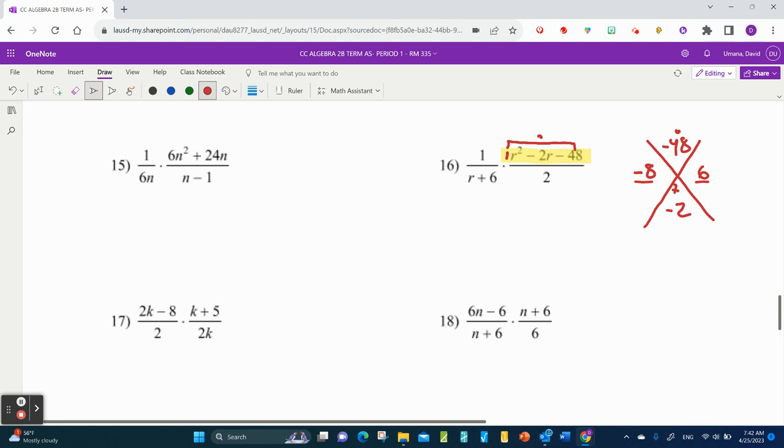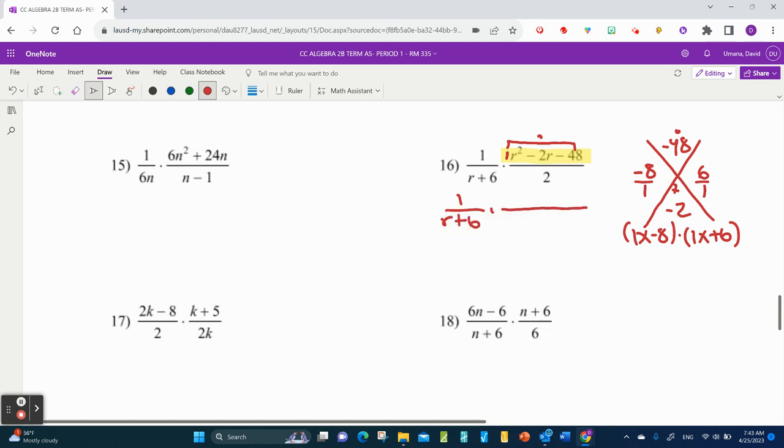Because of the 1 in the front, I'm going to put that in here. And now my new answer turns out to be 1x minus 8 and 1x plus 6. Now, when I rewrite my problem, I'm going to rewrite it as a 1 over. Now, I keep using x, but the letters they're using is r, so let me rewrite it that way. So this will be r plus 6.